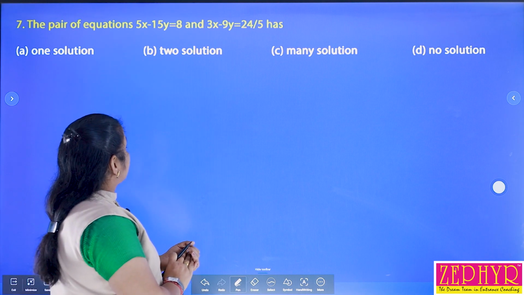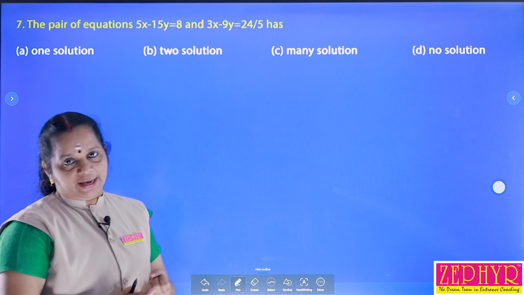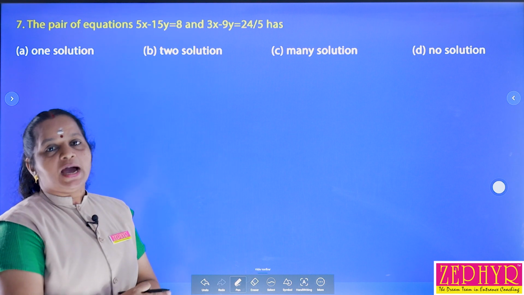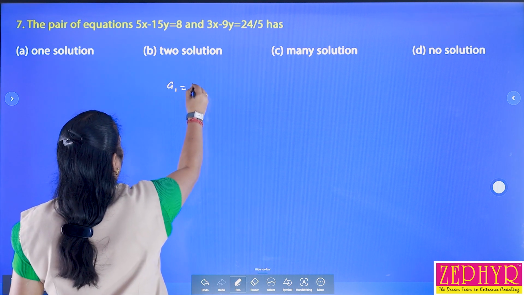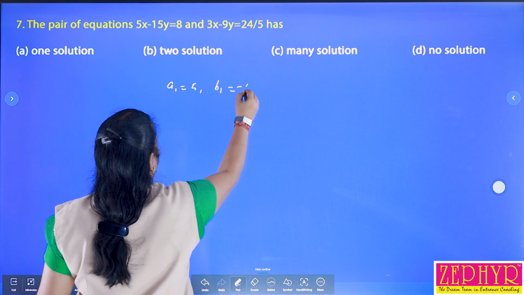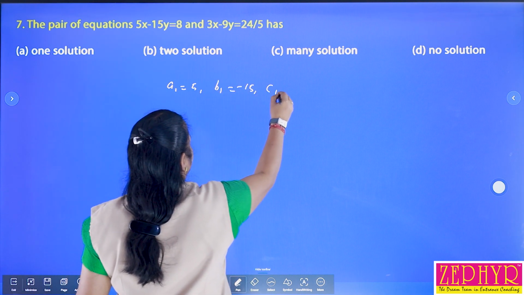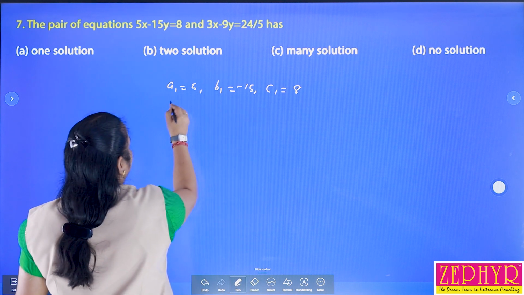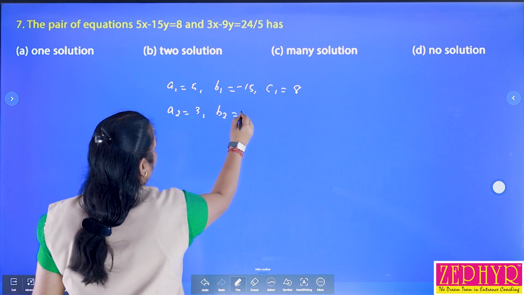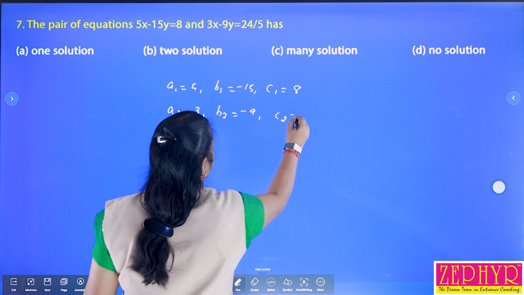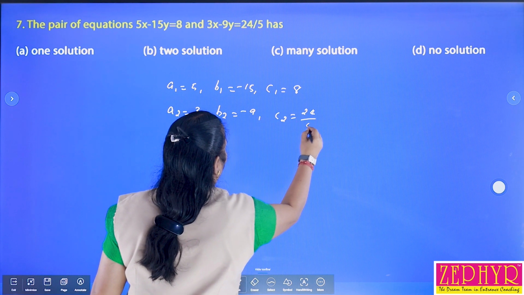So to find this condition, we have to find a1 by a2, b1 by b2 and c1 by c2. Here a1 is equal to 5, b1 is equal to minus 15 and c1 is equal to 8. Then a2 is equal to 3, b2 is equal to minus 9 and c2 is equal to 24 by 5.